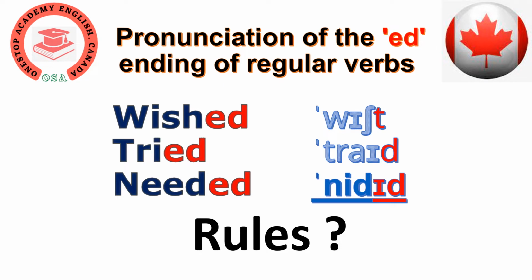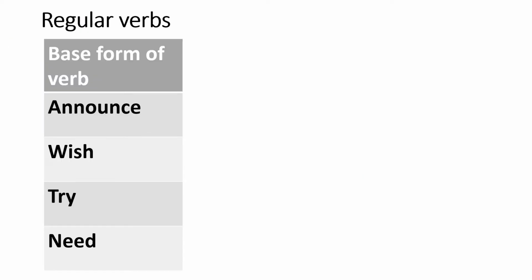So let's start. First of all, let's look into what a regular verb is. A regular verb is the one that follows the usual rule for forming its simple past tense and its past participle.